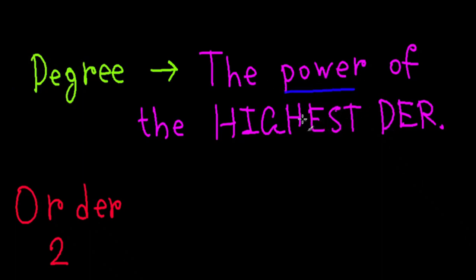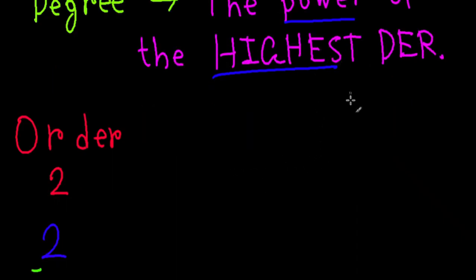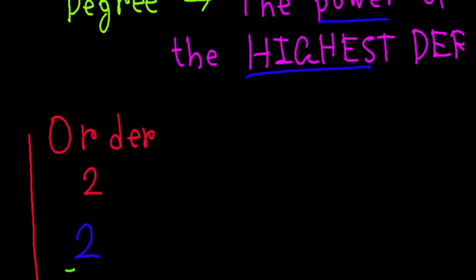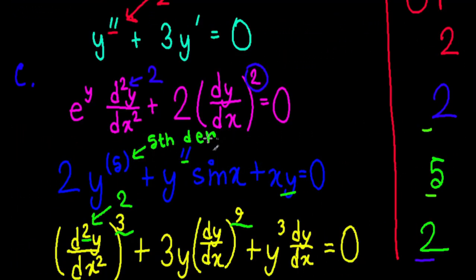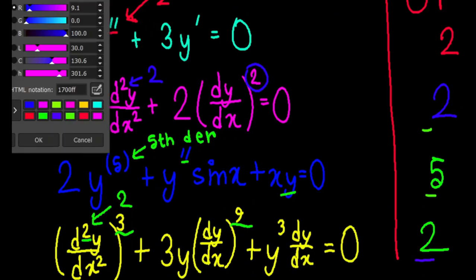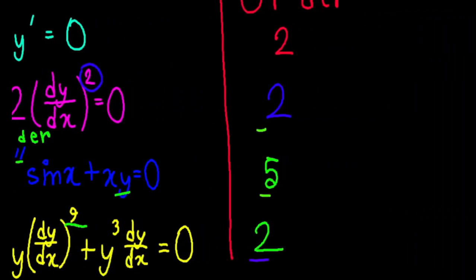It's not the value of the highest derivative itself. No matter what, you need to choose the power of the highest derivative. So first find your highest derivative, then pick out the power. That's all you need to do. So with the same examples, let's try to find the degrees.